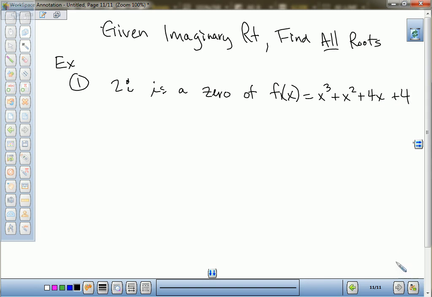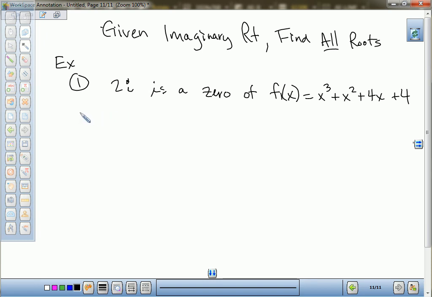Now, given the rules I just gave you, there's no way I would do this problem this way. Because I see that this is a very simple 4-term grouping problem. And that is the way I would do it. But I want to show you how we can start with this to find the rest of them.